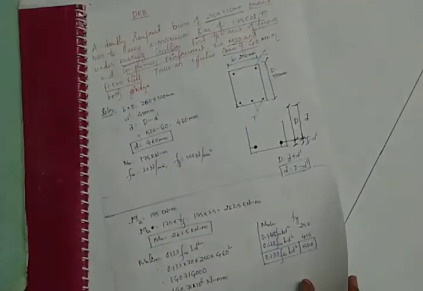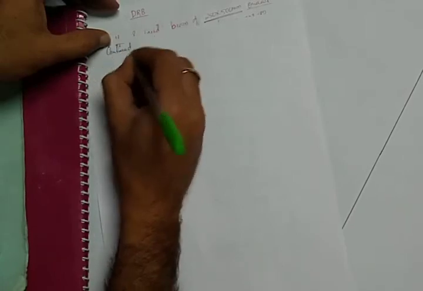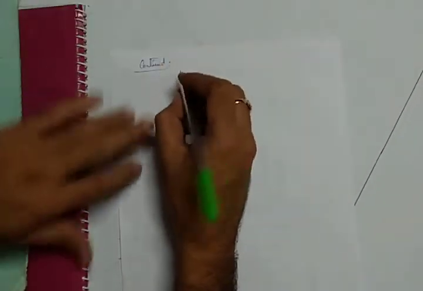Next, this problem is continued on the next page. So this is the continuation. After calculating Mu and Mu limit, in a doubly reinforced beam we have a formula. I know that formula, but for your reference I am referring to IS 456-2000.